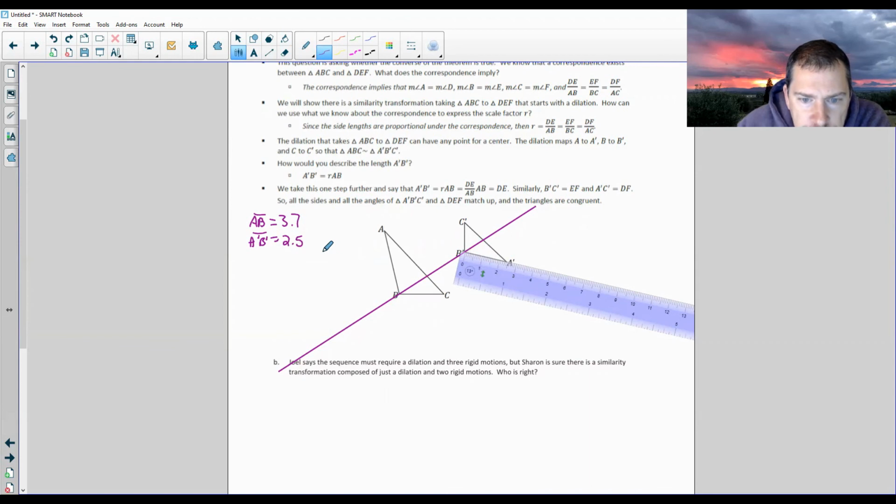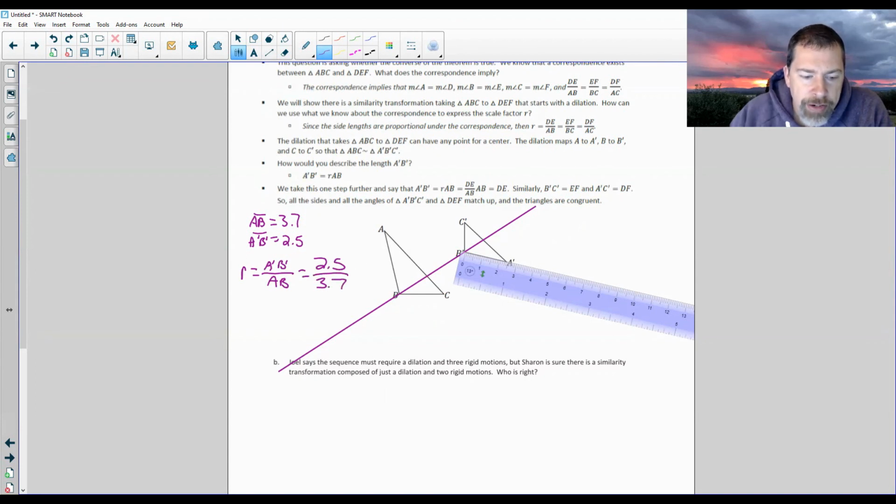All right, so the original is the big one. The image is the smaller, so R is less than 1. So I put A prime B prime over AB to find my ratio. So now R is going to equal A prime B prime over AB, which equals 2.5 over 3.7.